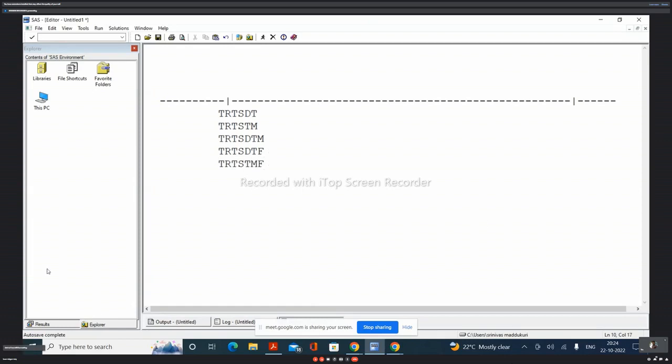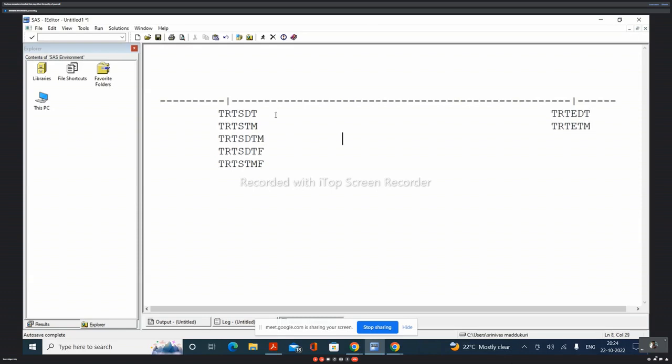In the same way, we know that in SDTM we have RFENDTC, and in ADSL we are going to have TRTEDT, treatment end date. Then TRTETM, treatment end time.